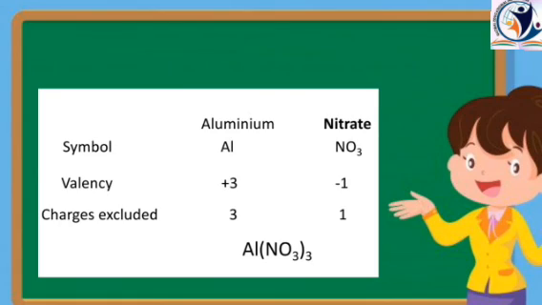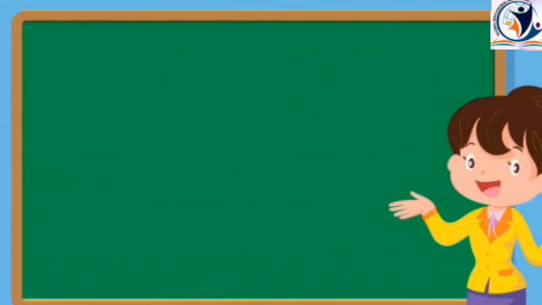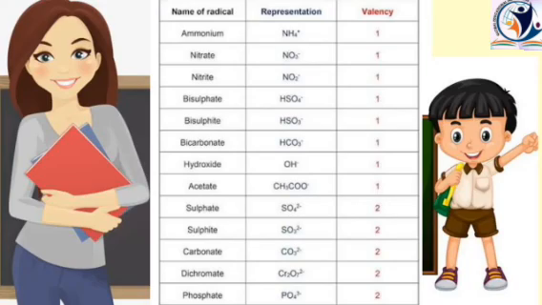Now here we will be excluding the charges and we will just write the numbers. By cross multiplication, we will be having aluminium multiplied by 1 and NO3 multiplied by 3. So we will have the whole formula as Al(NO3)3. There is nothing to take HCF here because we are seeing the subscripts as only 3 and 1.